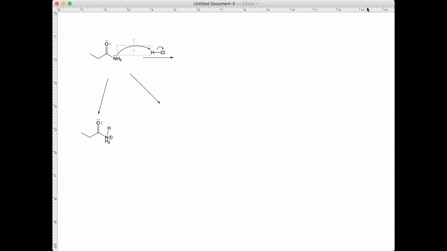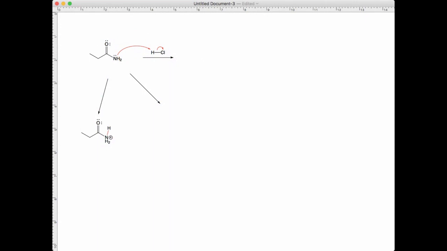So I'm going to color code this as red. So protonation on the nitrogen means the lone pair of the nitrogen is used to form a new covalent bond with this hydrogen, which is acidic, and then the electrons go to the chlorine to form the chloride ion. So that leads to this covalent bond, which is new, and then obviously a positively charged nitrogen. It has 4 bonds.